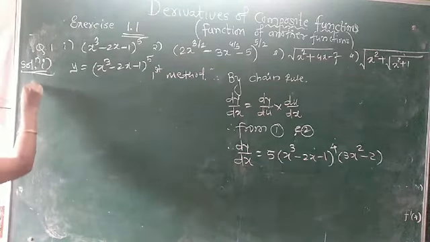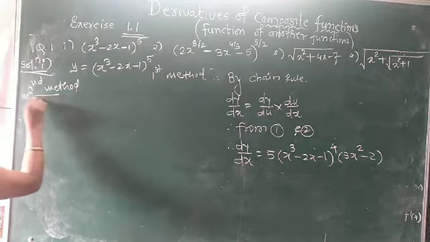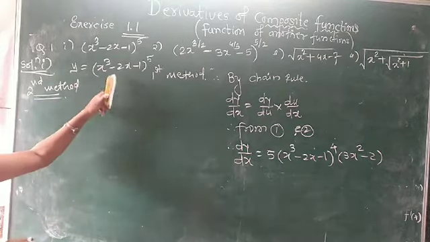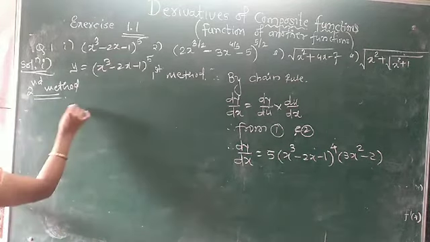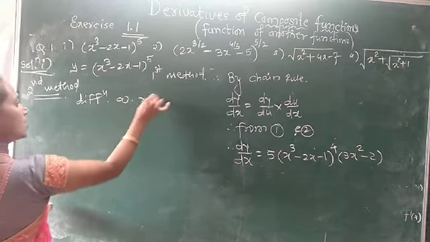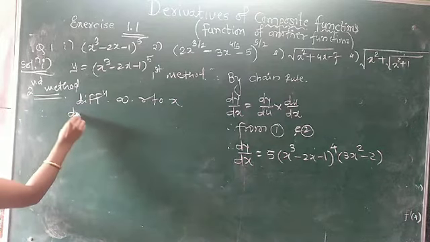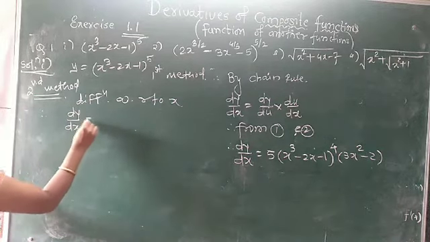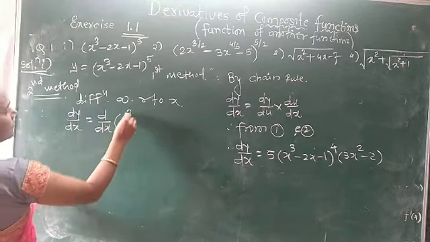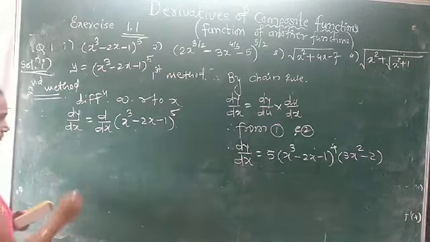By the second method, y is equal to, we have given that term, that is a function raised to 5. So differentiate with respect to x. Therefore, the derivative of y is dy upon dx, that is the derivative of (x cube minus 2x minus 1) raised to 5.